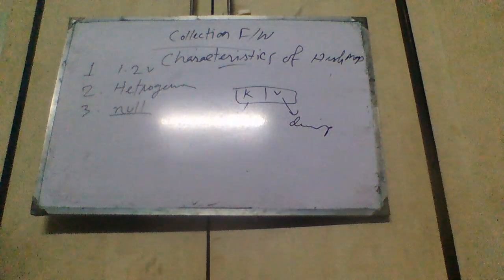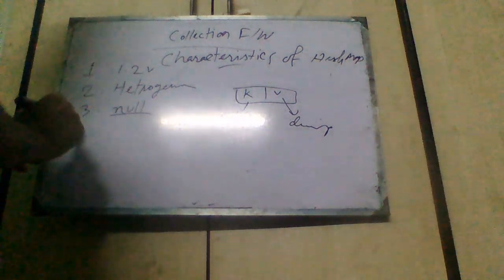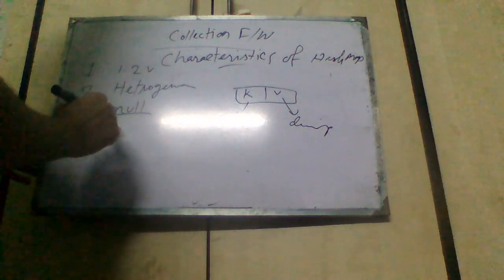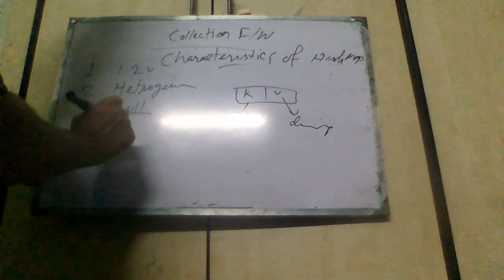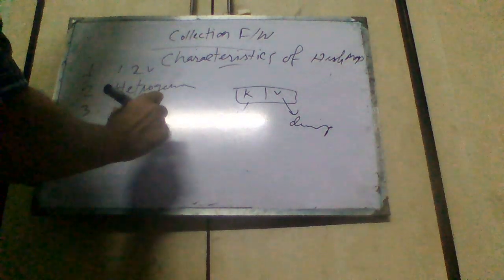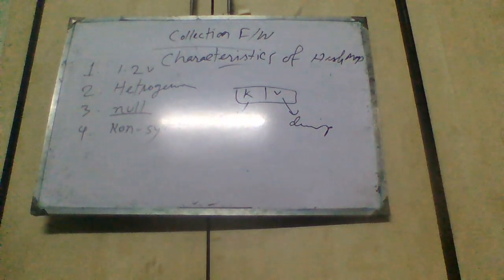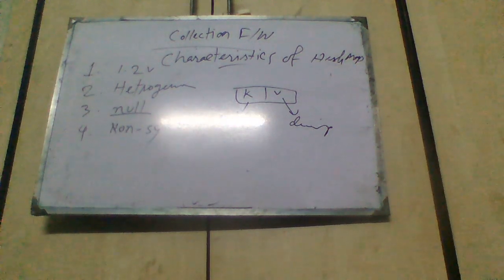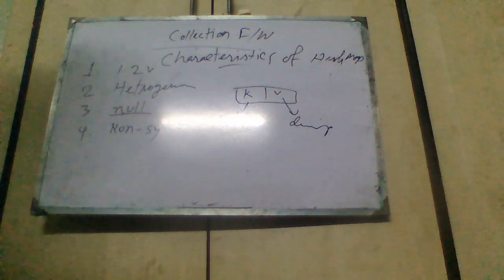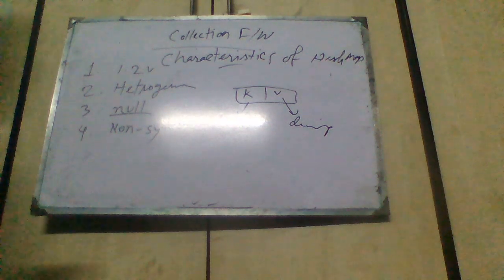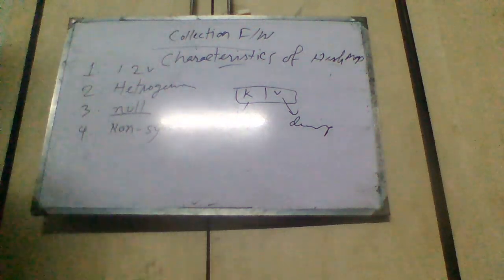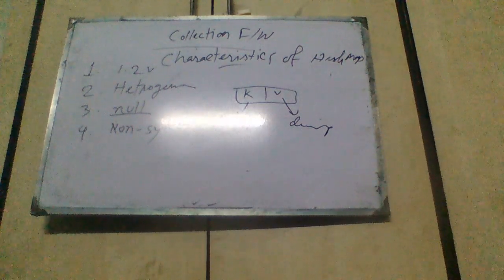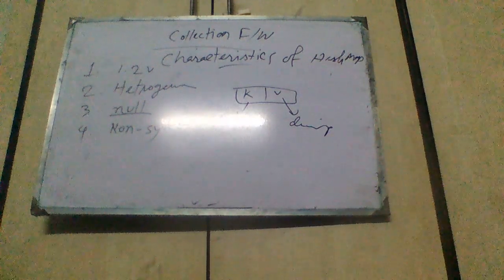Number four: its methods are non-synchronized. We already know that from Java API version 1.1 onwards every method is non-synchronized.